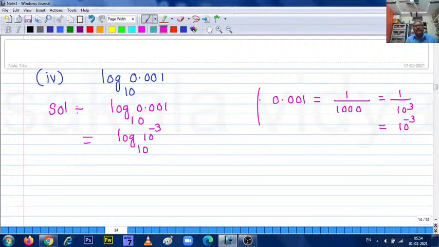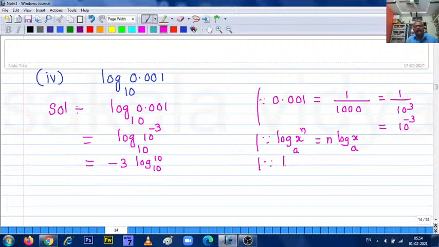So we have the formula: log x to the power of n to the base a is n times log x to the base a. This we can write minus 3 times log 10 to the base 10. See, log a to the base a is 1. So this can be written 1. So minus 3 times 1 equals minus 3.